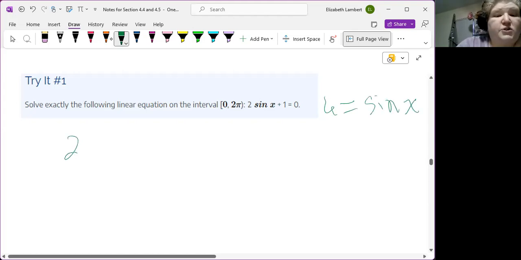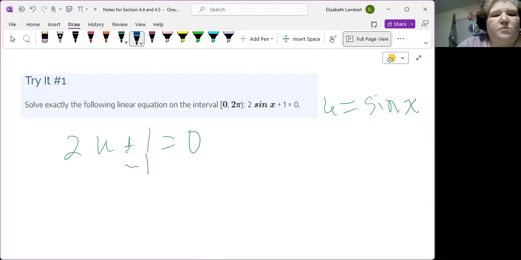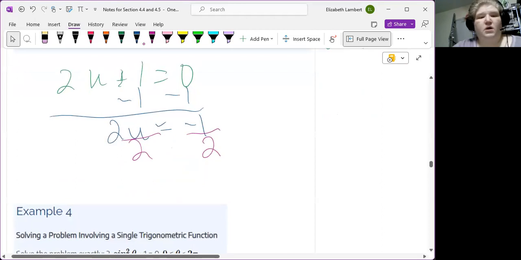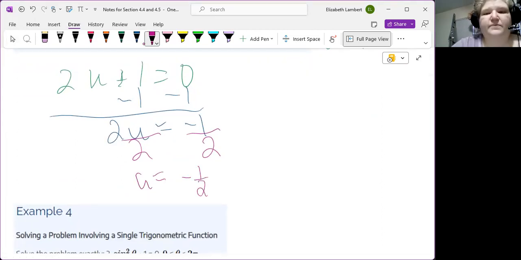So now I have 2u plus 1 equals 0 minus the 1. 2u equals negative 1. Divide by the 2. So our u is negative 1/2.